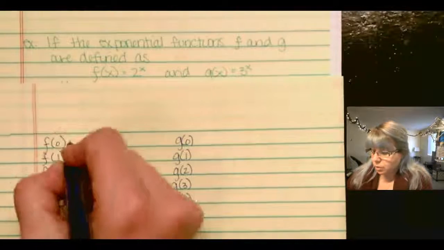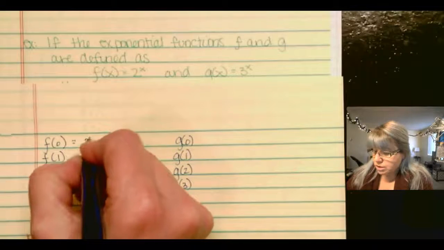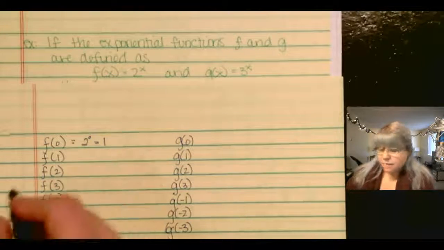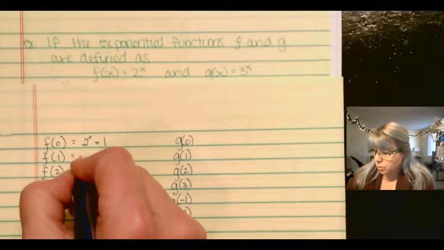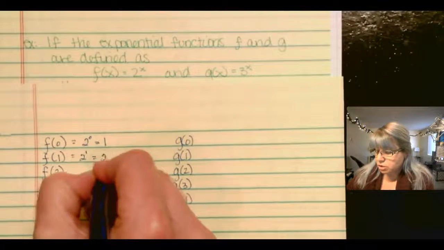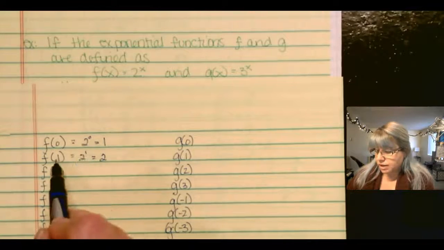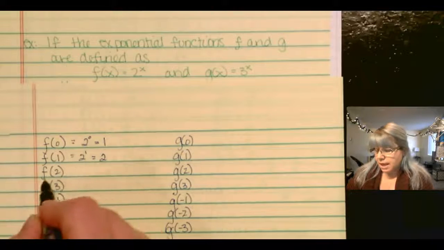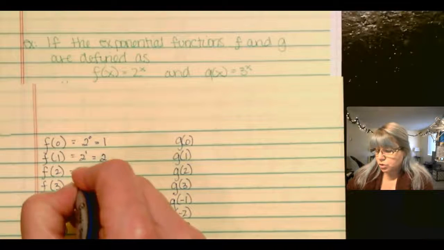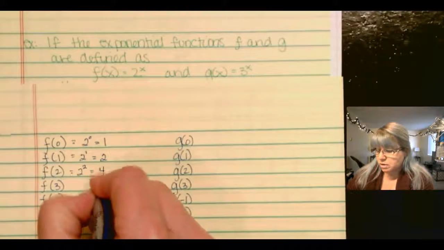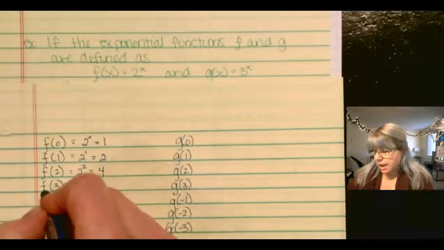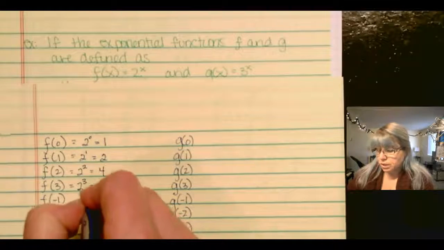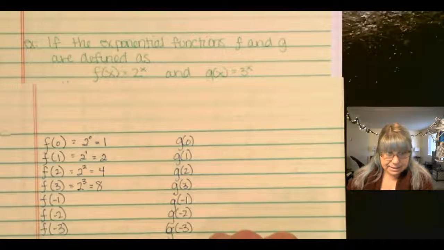So f of 0 would equal 2 to the 0, and 2 to the 0 is 1. f of 1 would equal 2 to the first, which is 2. Plugging in wherever I see an x, I have to plug in the value they're giving me. f of 2 will be 2 to the second, in other words, 4. f of 3 will be 2 cubed, in other words, 8.